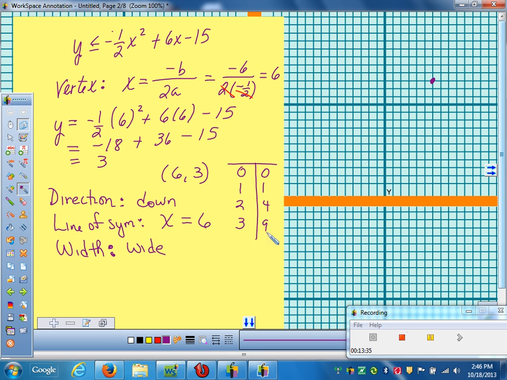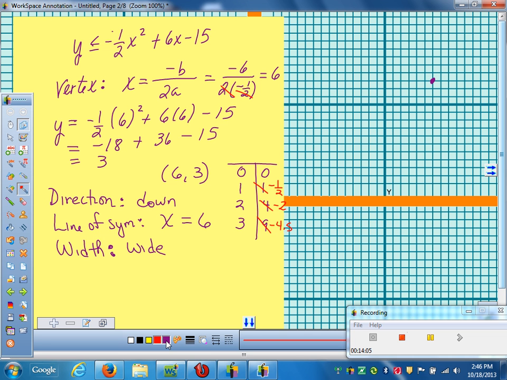Do I need to change the 1, 4, 9, or do I just leave them? Since there's the negative half, you would need to change all the y-coordinates, take them times the negative half. Which would make a negative half, a negative 2, and a negative 4.5. So that part does not change. It's identical to the way you did it before.